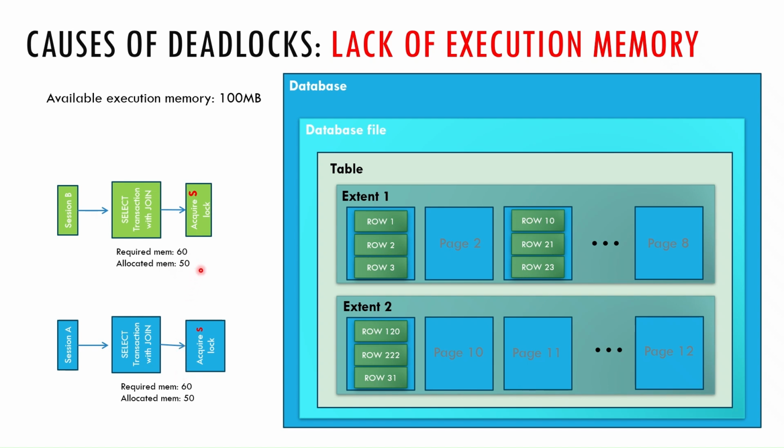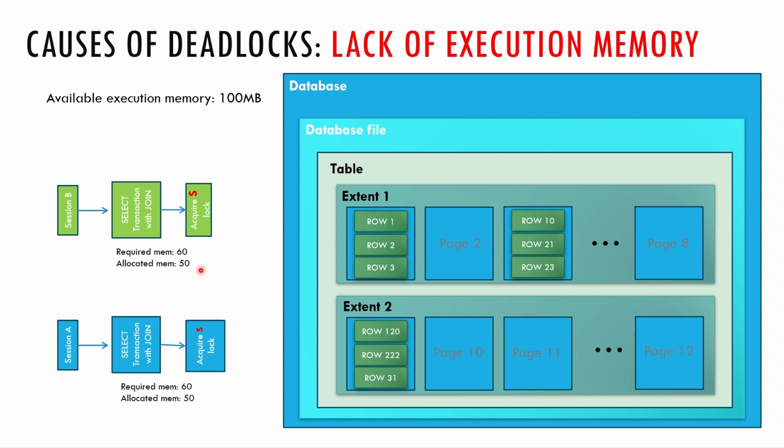But as there was not enough memory, each got only 50 MB. An additional 10 MB is needed for each. Due to this, they are put in wait status, and if memory does not become available within the deadlock timeout, one of them is killed as the deadlock victim.